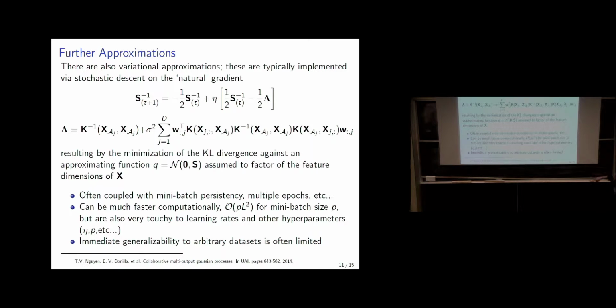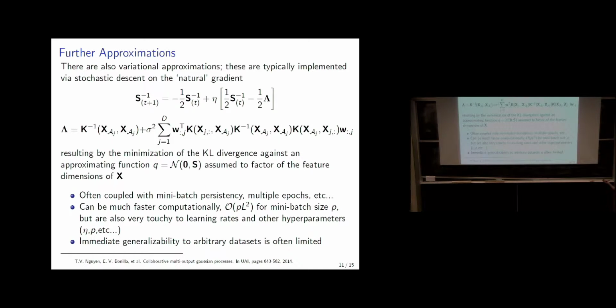And you can define a stochastic gradient descent scheme as follows, where you can iteratively estimate the stand-in for the low-rank kernel matrix. And the additional factor that really speeds up computation in this scheme is the fact that we've also linearized or factorized over the input dimensionality from our data.